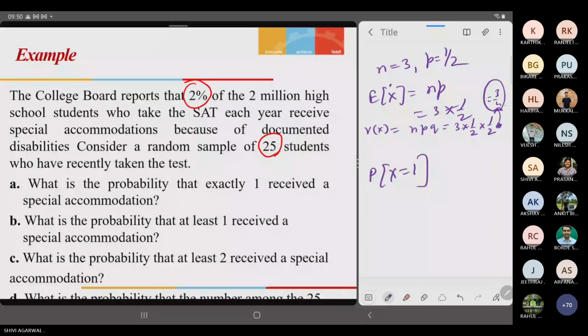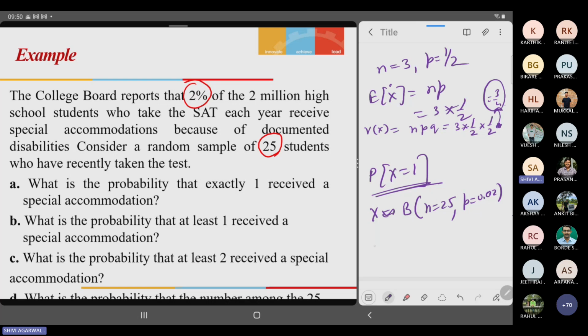And X is the number of students who have taken the test and received the accommodation. So X follows the binomial distribution with parameters n equal to 25 and p equal to 0.02. So now you have to find the probability that X is equal to 1.